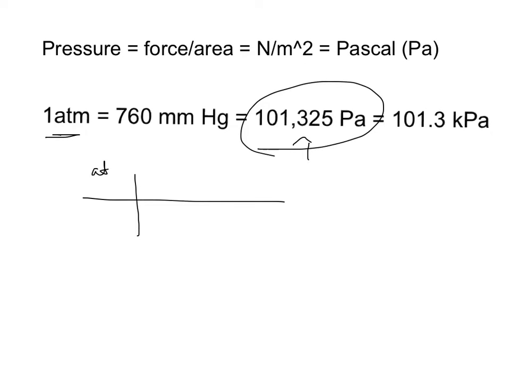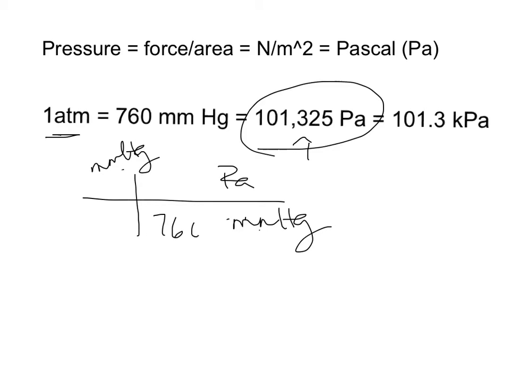If we had millimeters of mercury and were trying to convert to pascals, we'd use 760 millimeters of mercury equals 101,325 pascals. Whatever conversion we need to do is just a T-bar, so that's nothing weird.